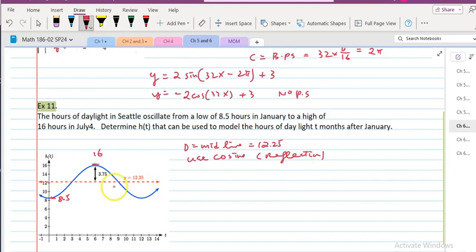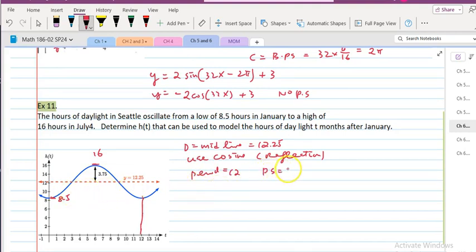And then we know this is 12, right? So this is January. This is December. So 12 would be December. And this is January. So we can just see that the whole period is 12, right? 12 months. And is there a phase shift? No phase shift.